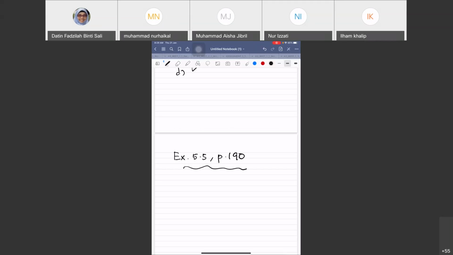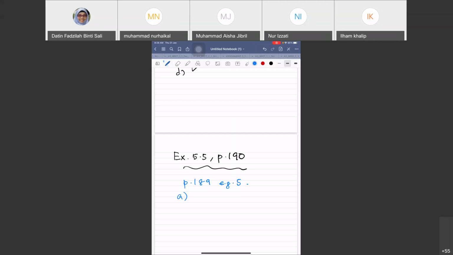Before that, there is a typo. If you look at page 189, example 5, the first part, part A, is asking you for the magnitude of the given vector.